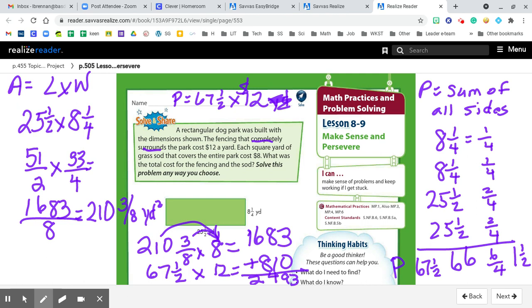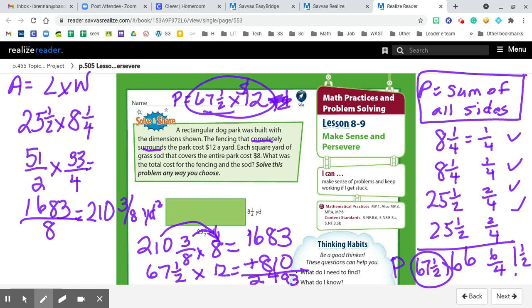So the first thing I did was I found the perimeter by adding all 4 sides. And then I take that amount and I multiply it by 12. So I get $810. Then to find my area, I do length times width and multiply that by $8 for the sod to find my sod total.